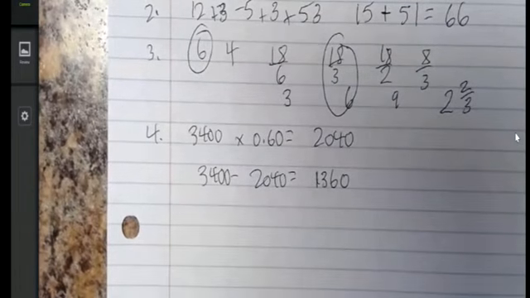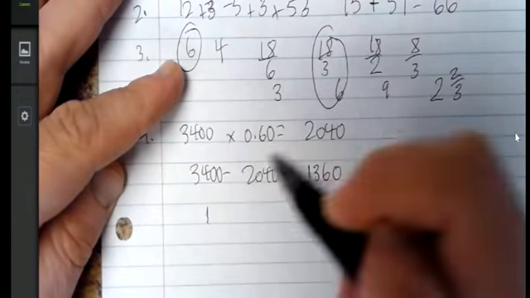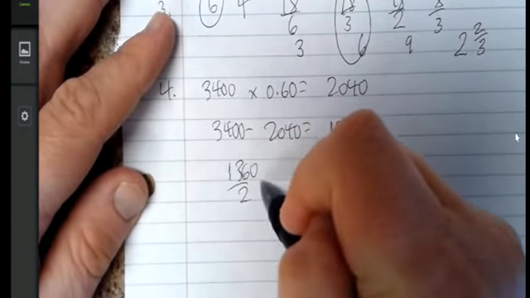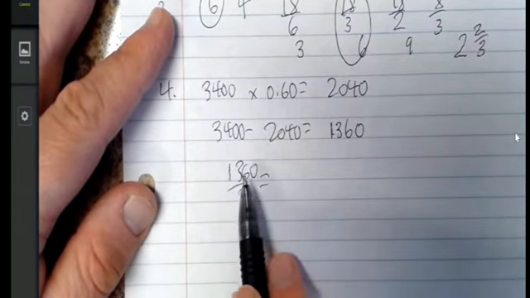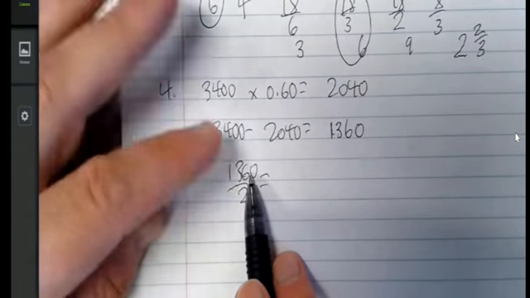So let's just take half of 360, or 1,360 divided by 2. I prefer to do this mentally. 500 is half of 1,000. Half of 360 is 180.